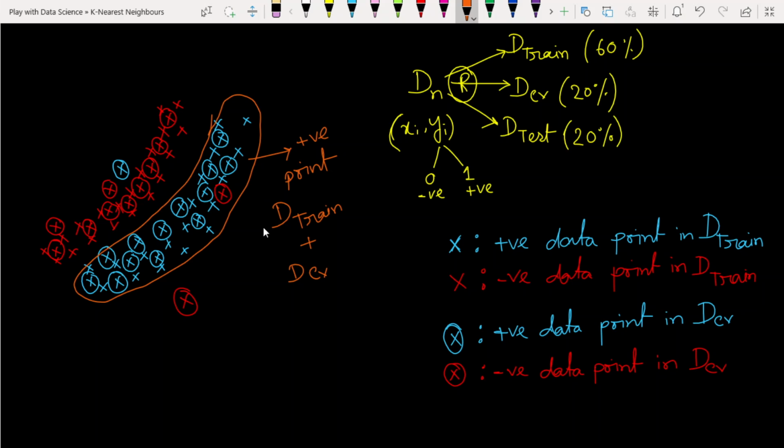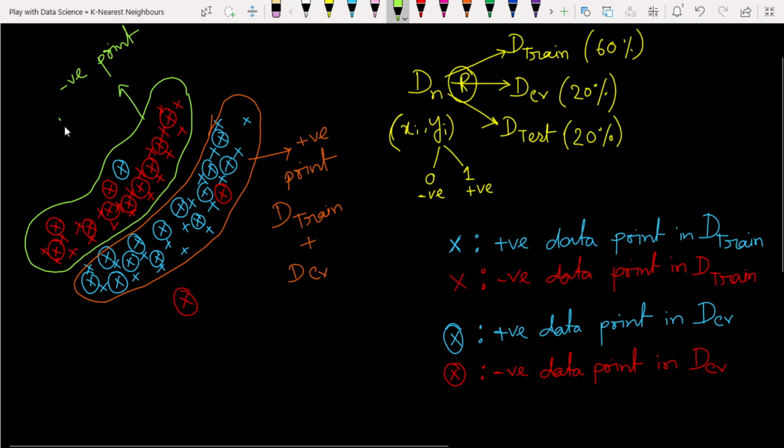For this other region, I am using another color, green. It is the negative points from D train plus D cross validation.